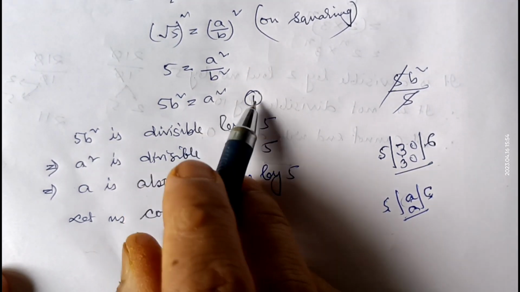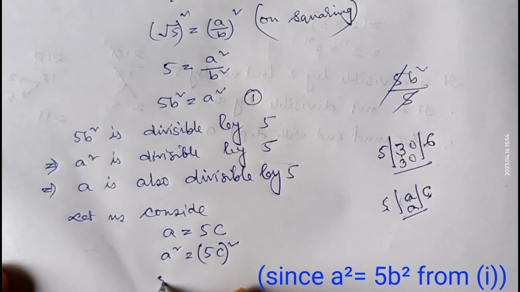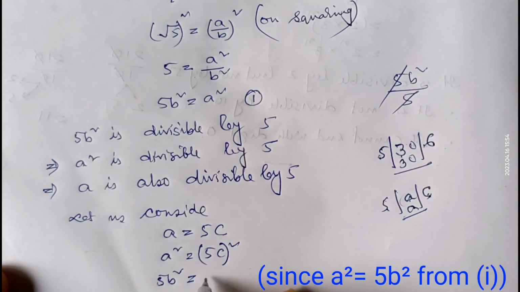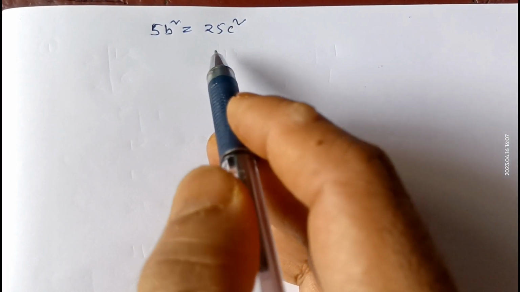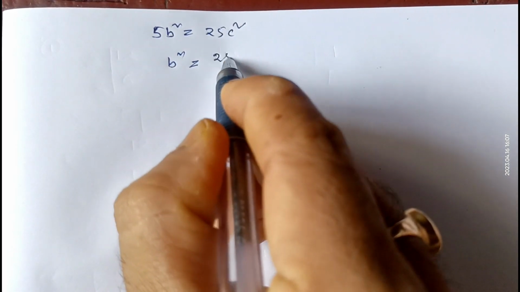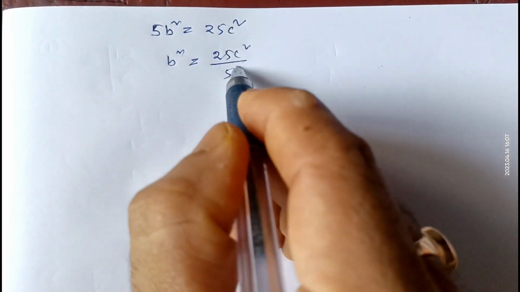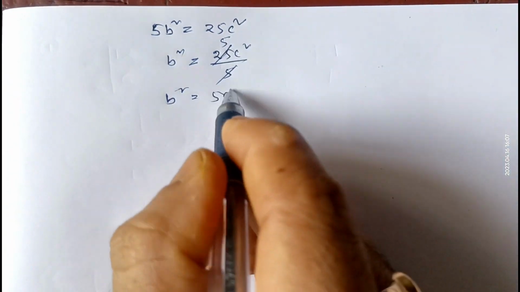Now a square from equation number 1 is 5b square. So we can write 5b square equals 25c square. So b square equals 25c square divided by 5. 5 5s are 25, so b square equals 5c square.